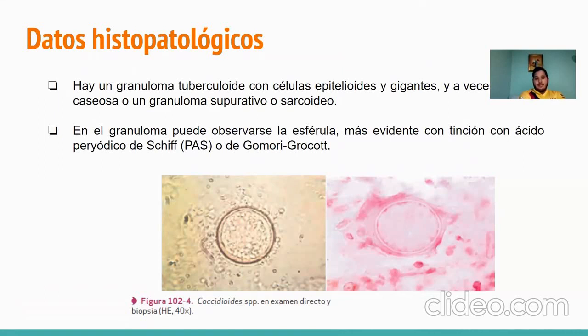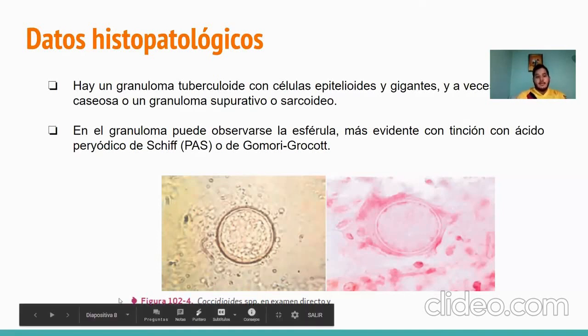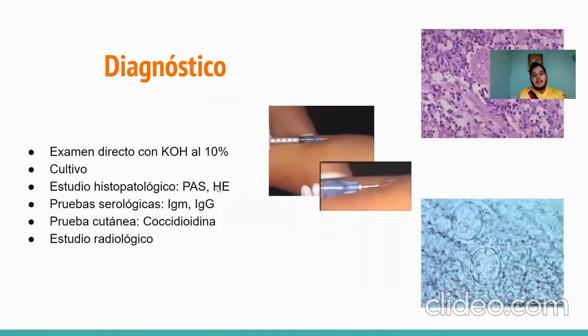In the granuloma, the spherule can be observed more evidently with staining with periodic acid-Schiff, known as PAS, or Gomori-Grocott stain. This could be one of the best diagnostic forms to realize that a person could have this disease, like in the following slide.